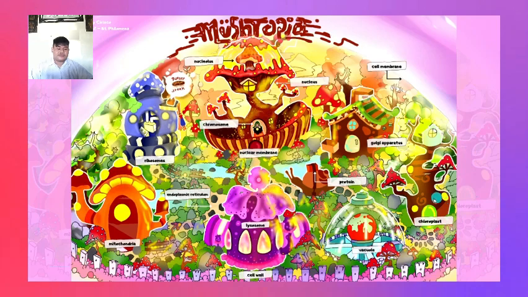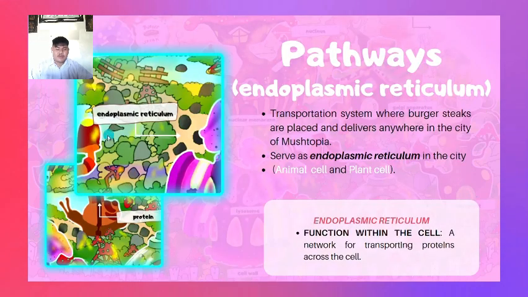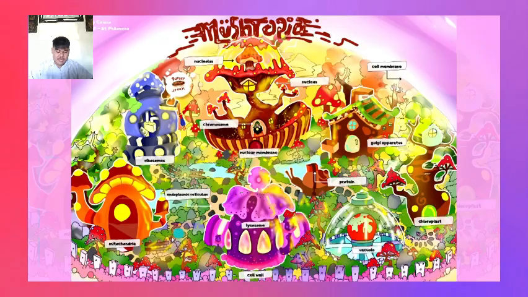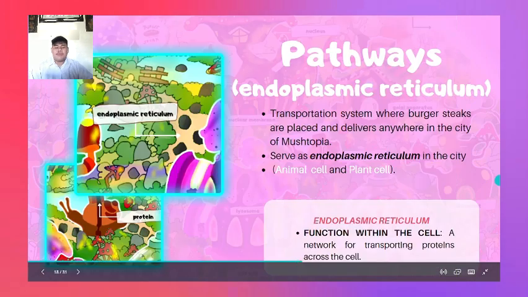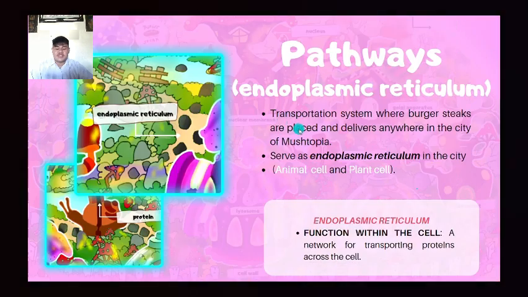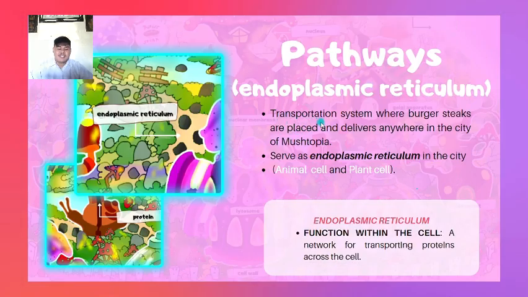Next one is the pathway. This is the pathway. This one and this one. The pathway is a transportation system where burger steaks are placed and delivered anywhere in the city of Mushtopia.